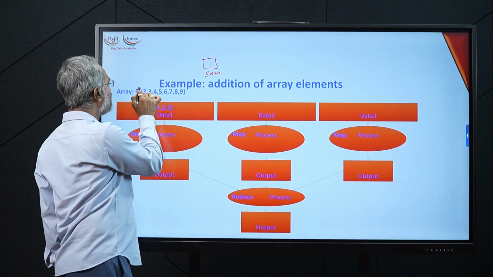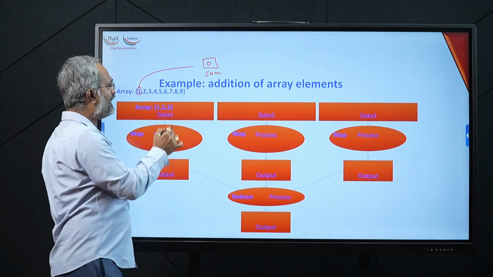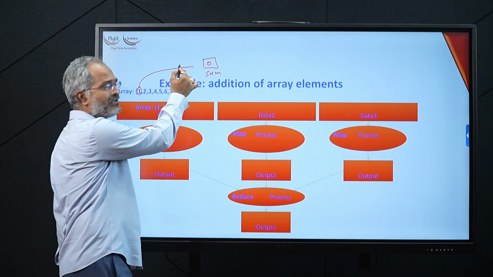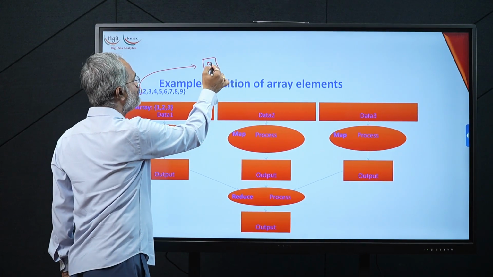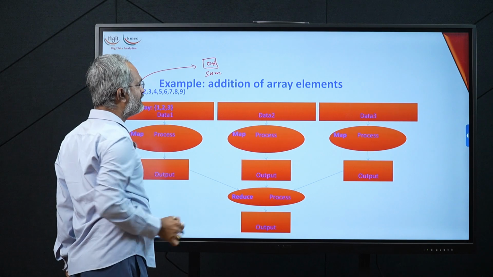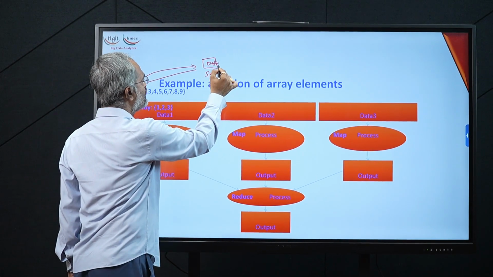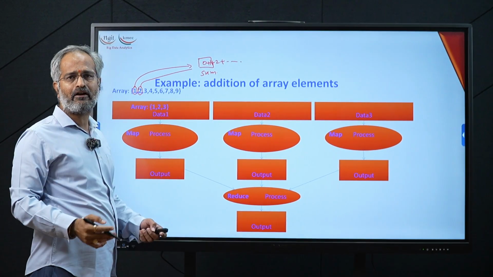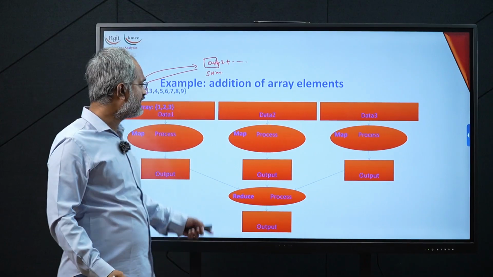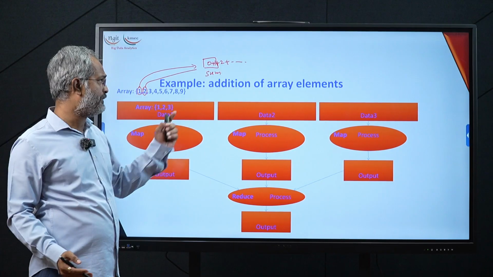Initially we take the sum as 0, take the first element and add that to the sum, so that we get 0 plus 1, then take the next element, again add that to the sum, and so on. This is our regular program to find the addition of all the elements.